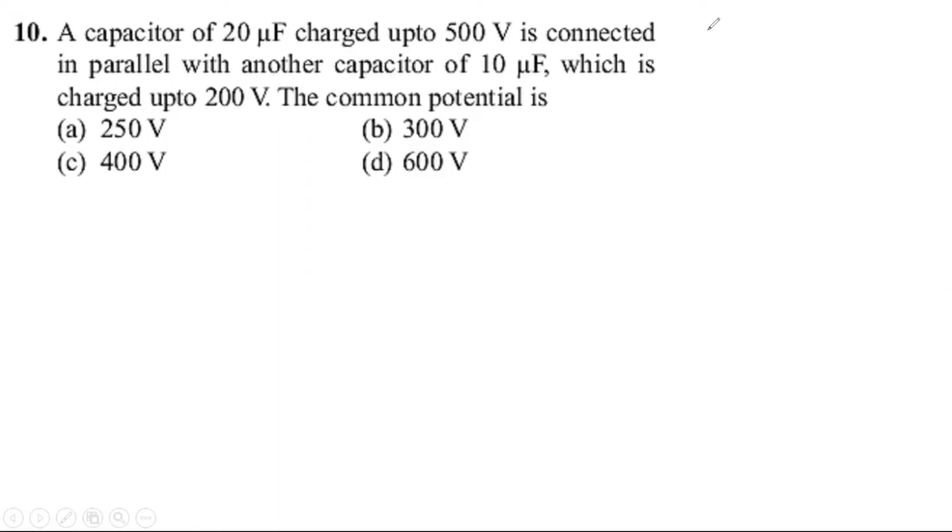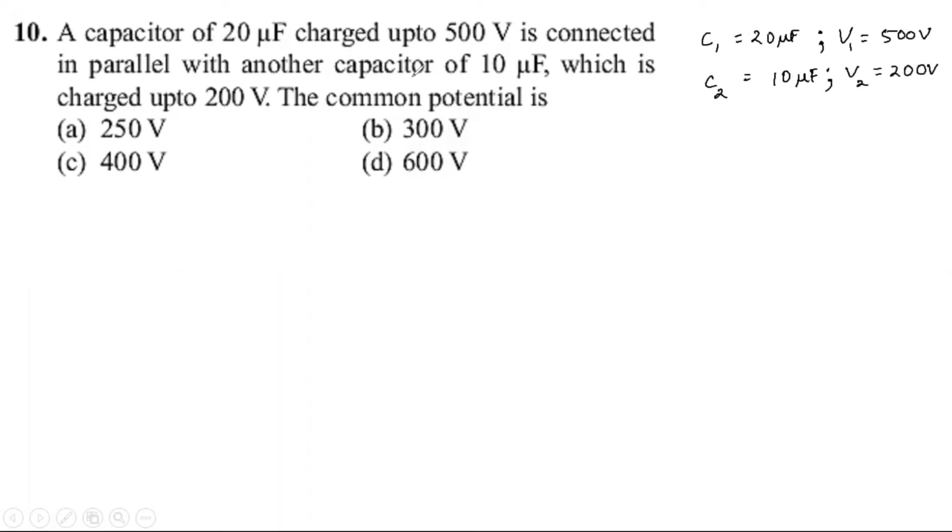So we have two capacitors, C1 and C2. C1 is 20 microfarad and C2 is 10 microfarad, and both of them are charged up to potentials, let's say V1, which is 500 volt, and V2, which is 200 volt.